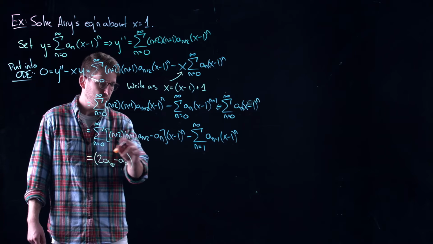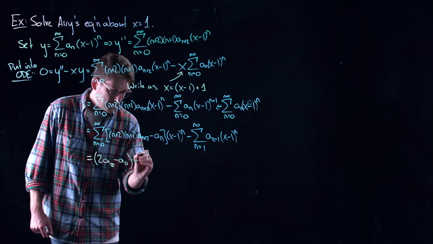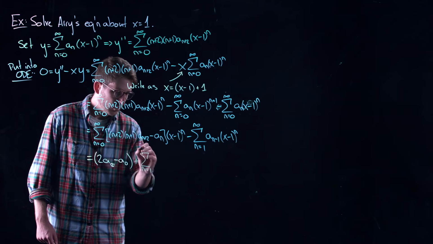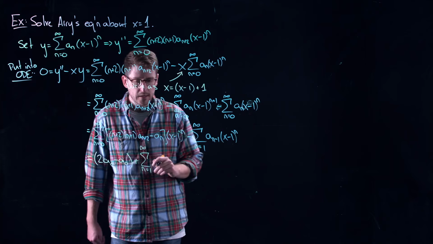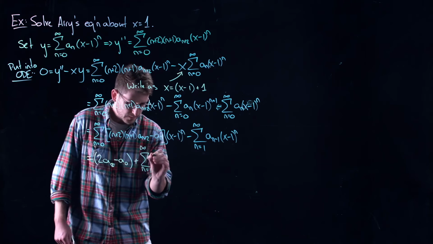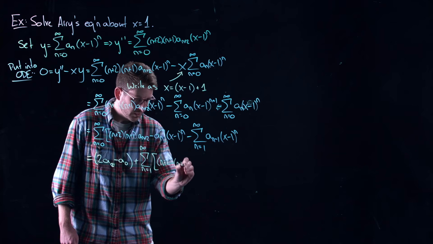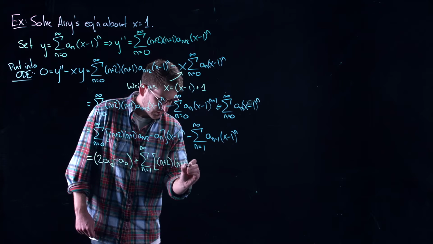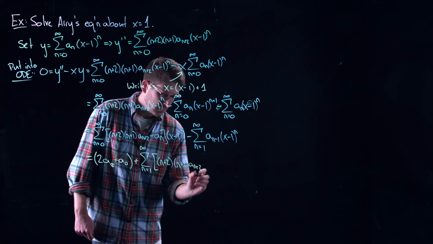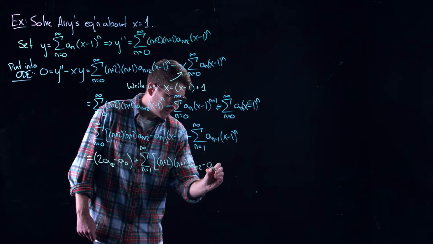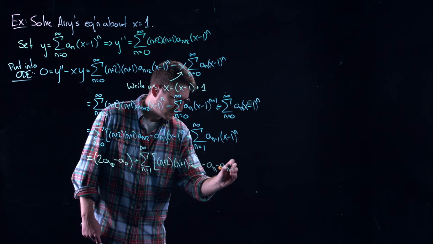That's from setting n equal to 0 in here. Plus, now I've got a sum starting from 1 to infinity. Everybody's got the same generic term. Let's put it all together: n plus 2, n plus 1, a_(n+2), minus a_n, minus a_(n-1).